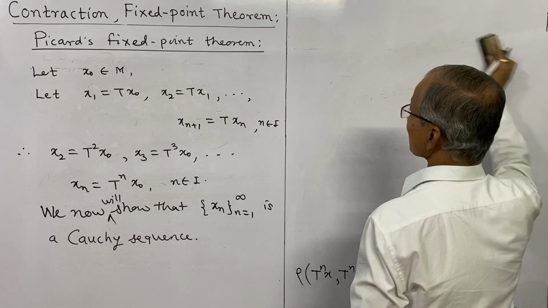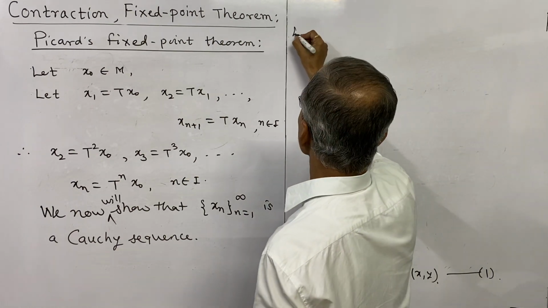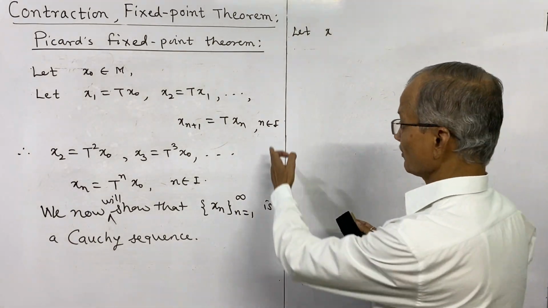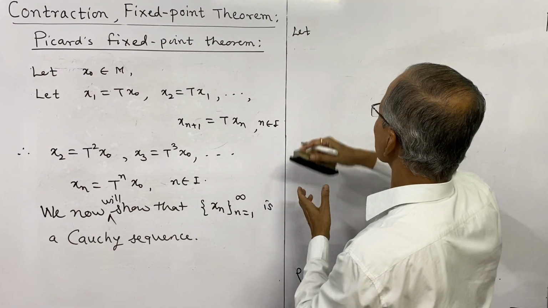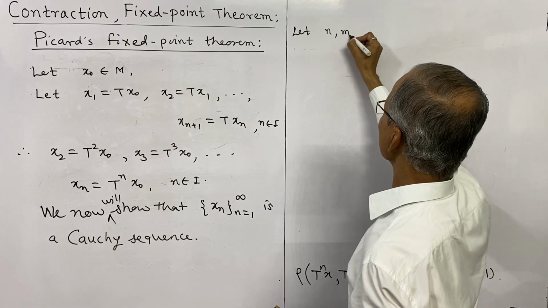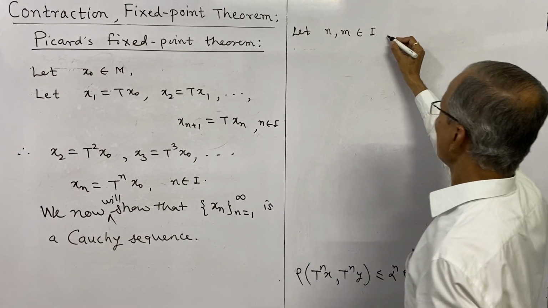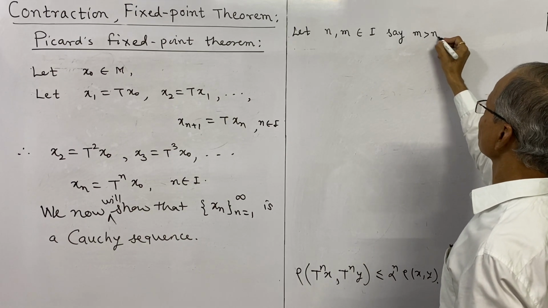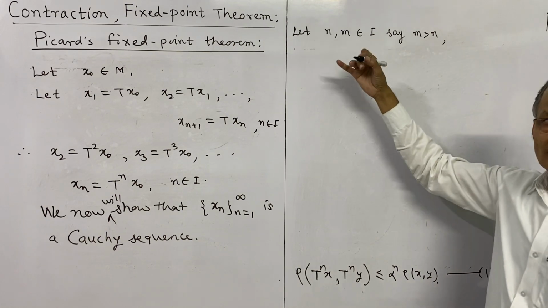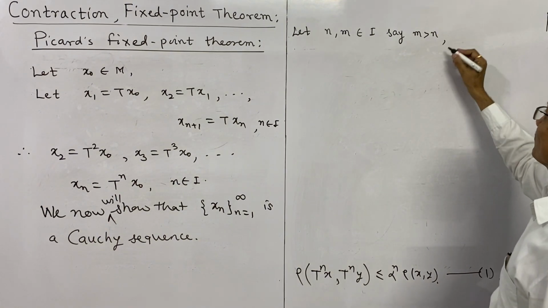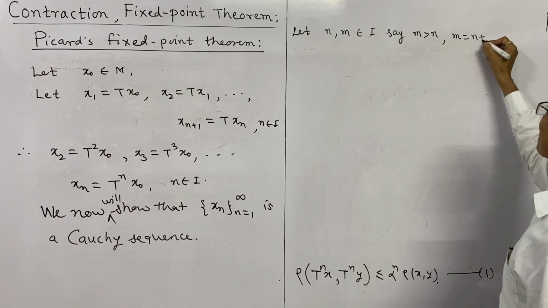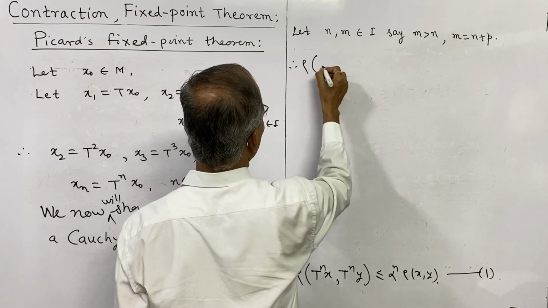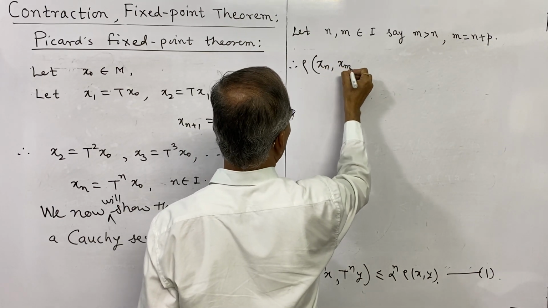Let n and m be positive integers, and say m is greater than n. If m is greater than n, then m will be n plus some other positive number. So m is equal to n plus p. Therefore, what will be rho of xn and xm?